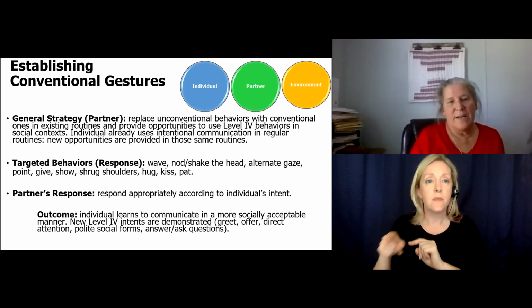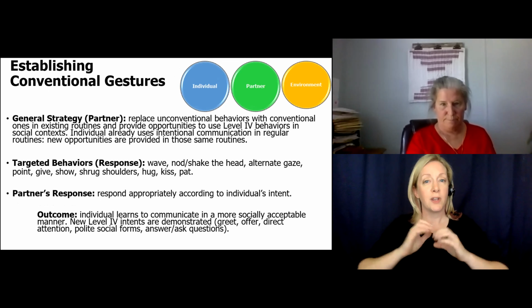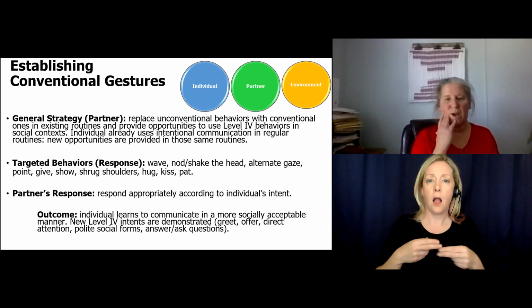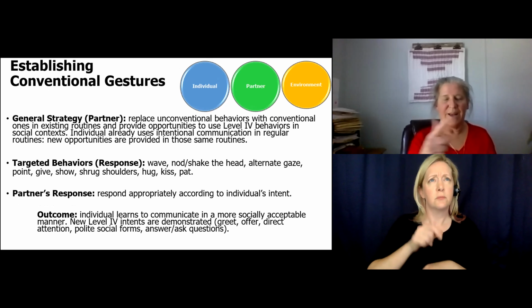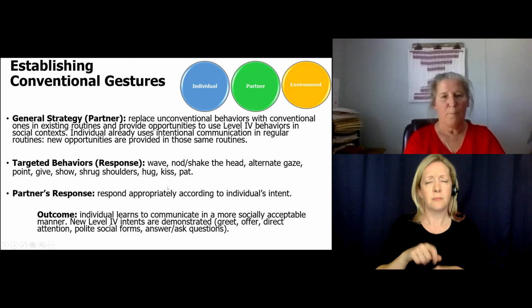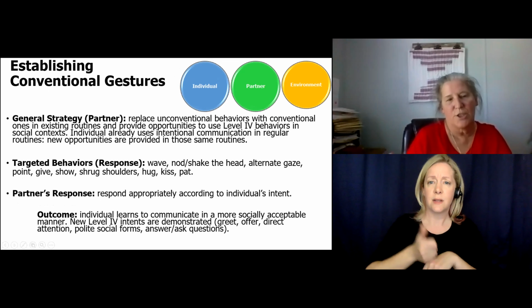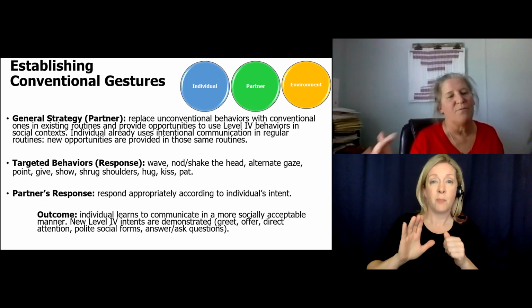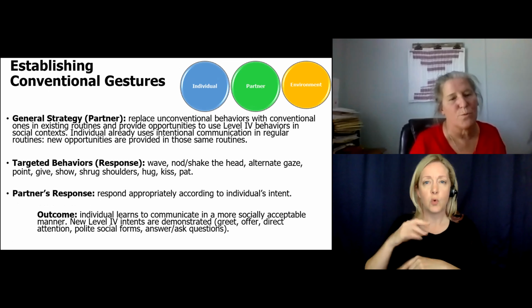So then, when we're establishing routines, it's with those conventional gestures. We're going to replace those unconventional behaviors with conventional ones in existing routines.